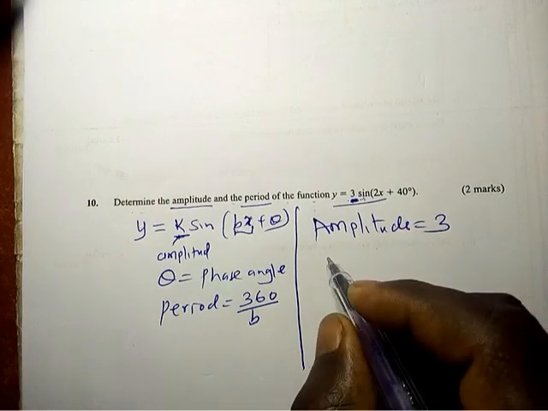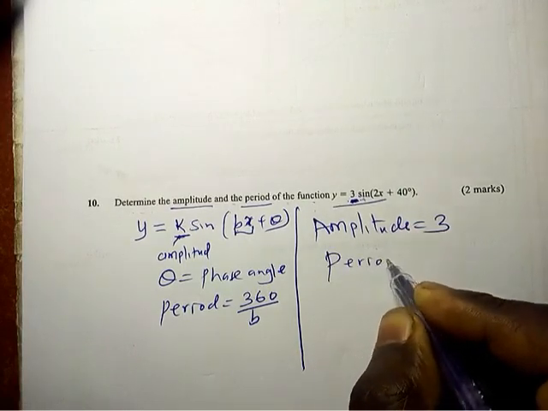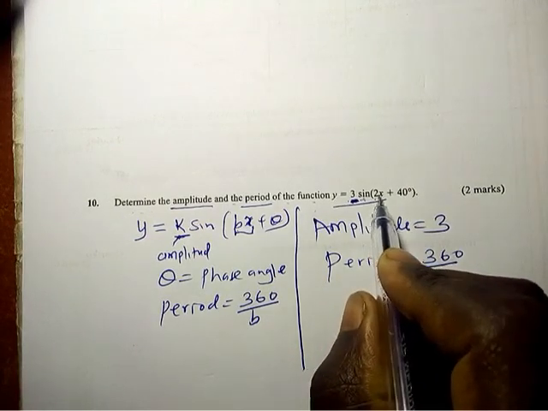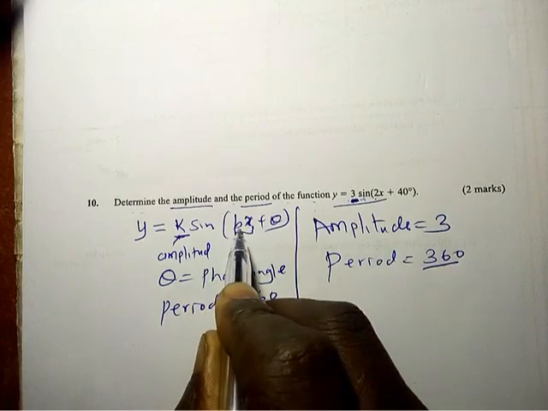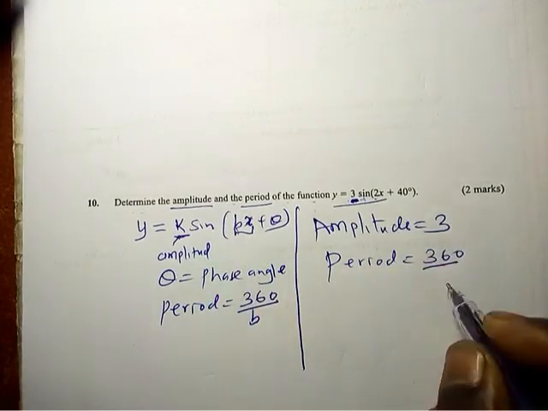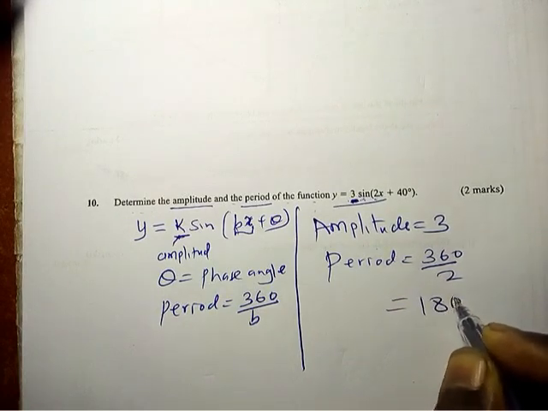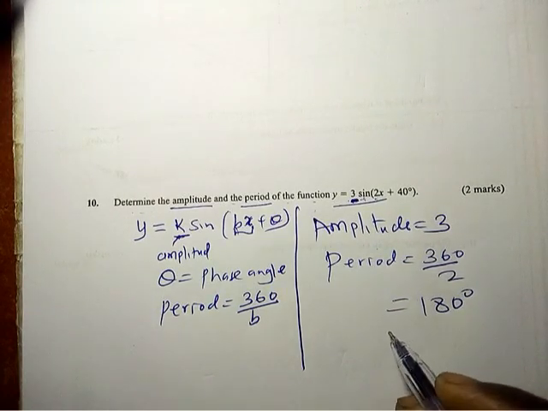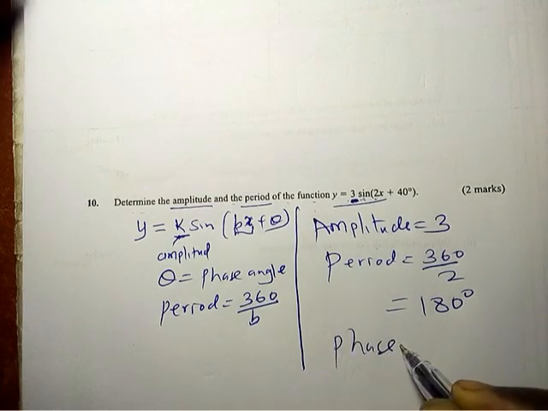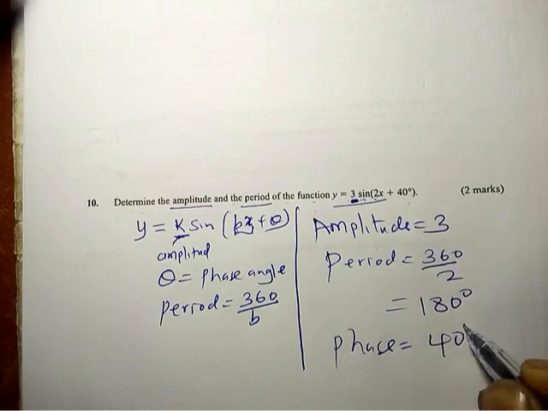And then now the period is 360 divided by 2, which is equal to, remember, 360 divided by b. So our b here is 2, 360 divided by 2, which is 180 degrees. We were not asked for the phase angle, it would be 40 degrees.